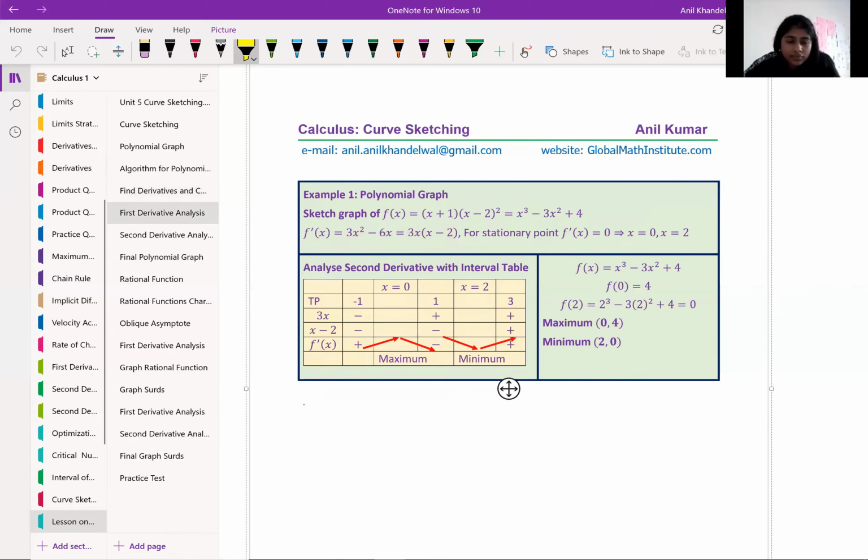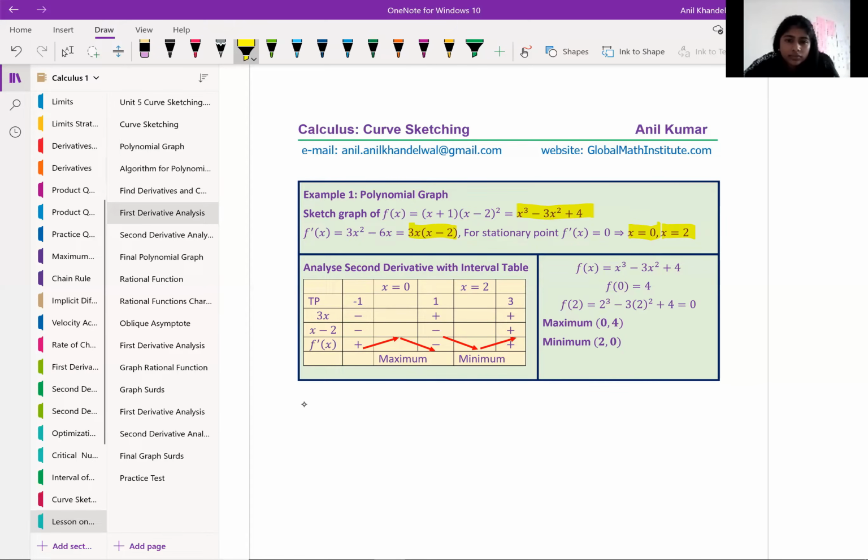So let's try to analyze the very first derivative. We know the function is x cubed minus 3x squared plus 4, and the derivative we just found, in factored form, can be written as 3x times x minus 2, which gives us two stationary points, one at x equals 0, the other at x equals 2.